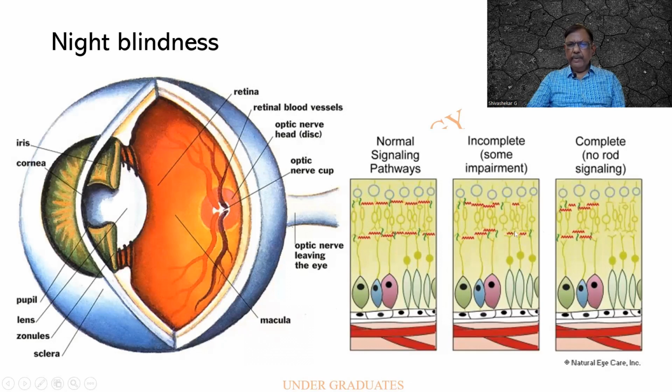See, it is becoming somewhat haphazard with some impairment, or sometimes there can be a total loss of it, leading to no signaling from the rods. So there is a complete kind of blindness. Natural eye care is the source of this particular picture. If you have the time and patience, this is a beautiful drawing that you people can draw even in your ophthalmology.